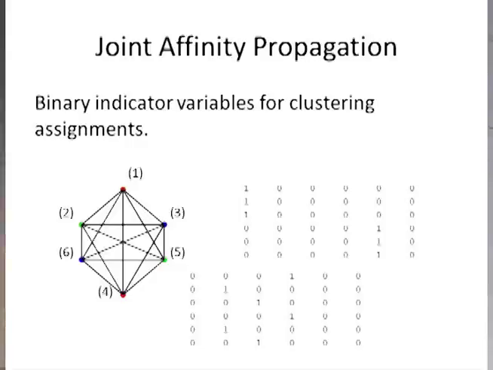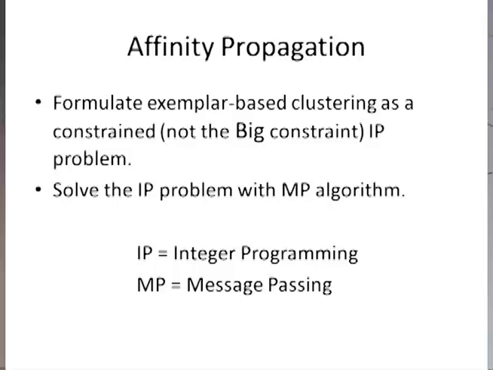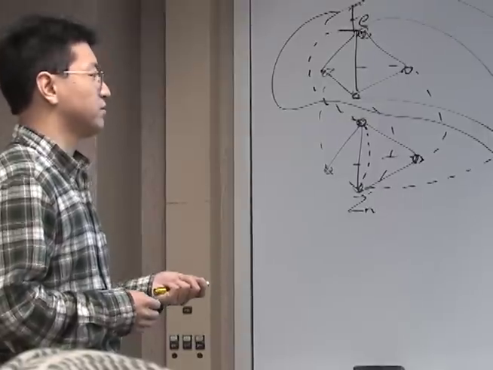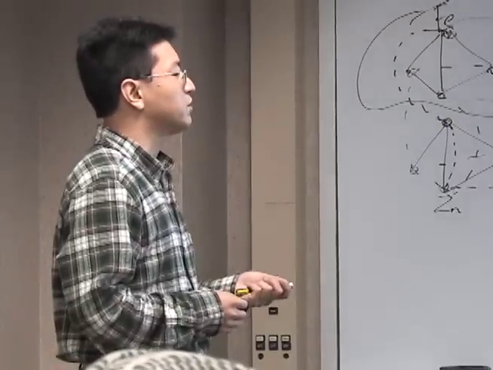And we solve this IP problem with message passing. The IP problem, if we state it, is like: given an n by n similarity matrix, Sij, we maximize this linear function, where Cij is binary.